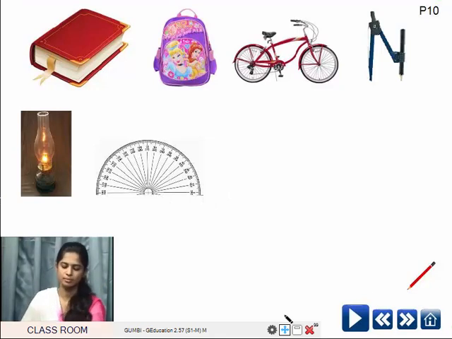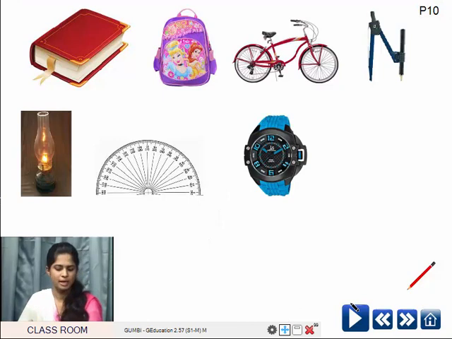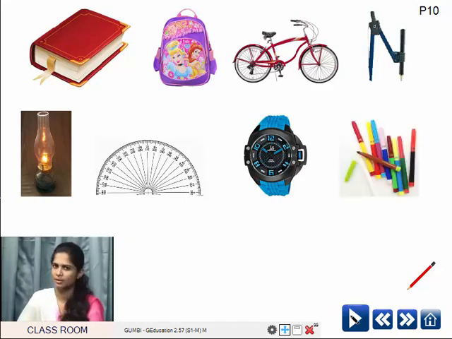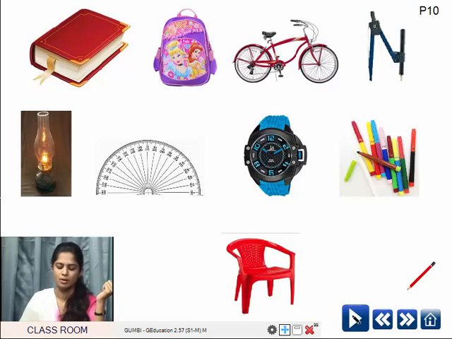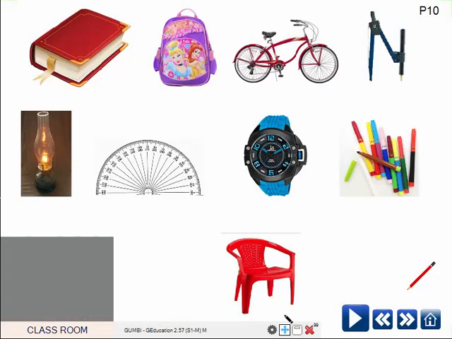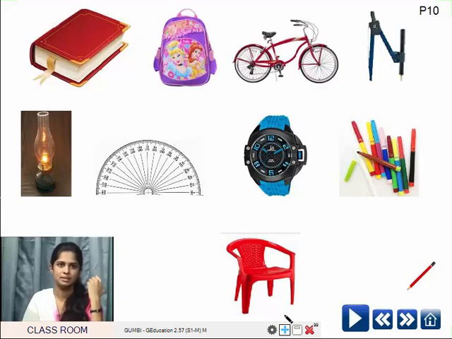Okay, in your maths class, you might have used this. What about this? Watch. For what sake you will use this? Yes, to know the time. What about this, students? What are they? Yes, they are sketch pens. What about this? Yes, it's chair. So students, these were the images.